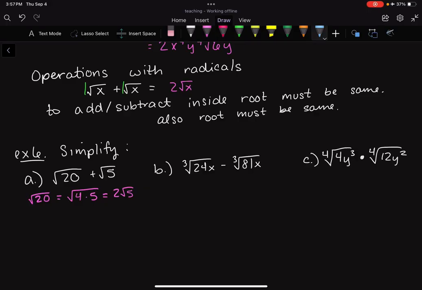So for my problem here, I would have 2 root 5, because that's what root 20 is, plus root 5. Okay, well now I can add them together. Remember there's an invisible 1 out here. So this is going to be 3 root 5. There you go. You can put them together.